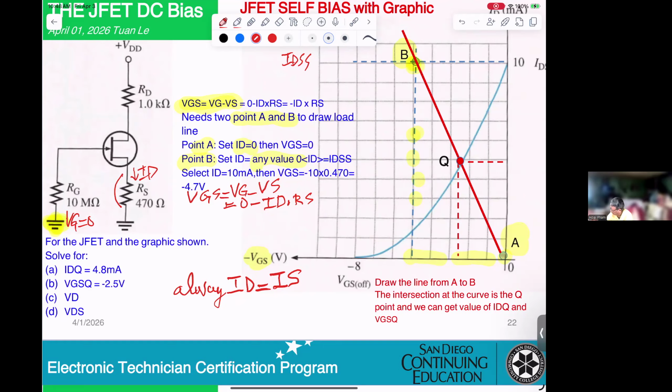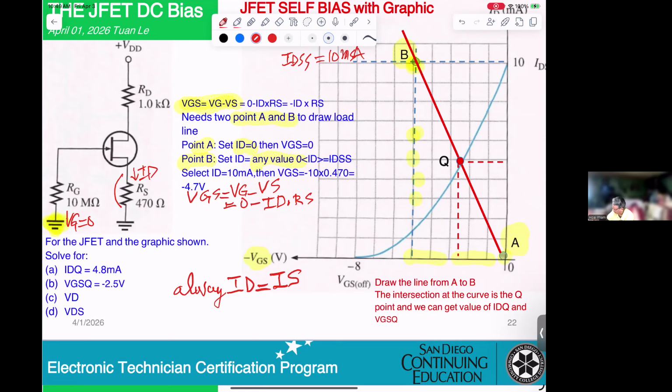Okay, that means ID at that here, 10 milliamp. Select ID 10 milliamp, and you calculate the VGS equal minus 4.7.